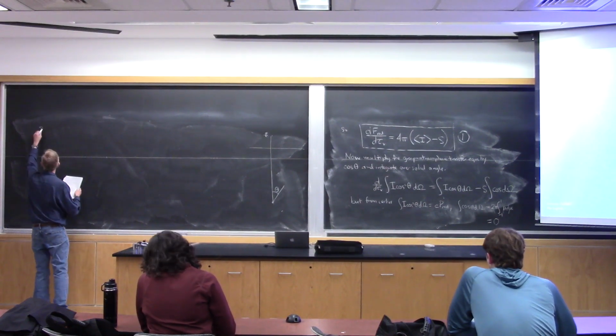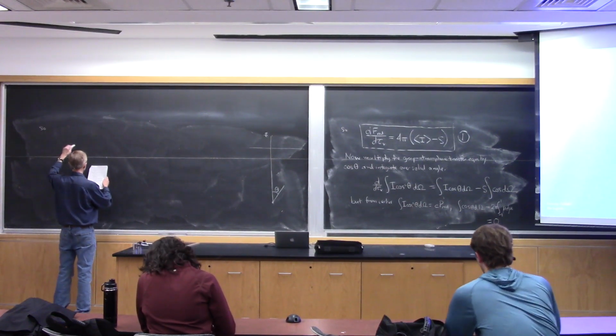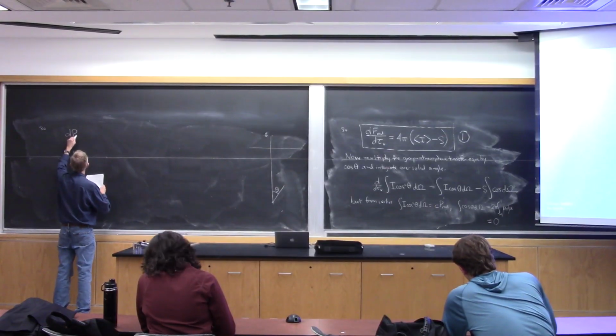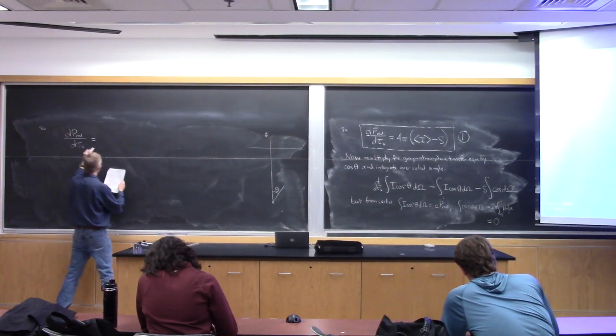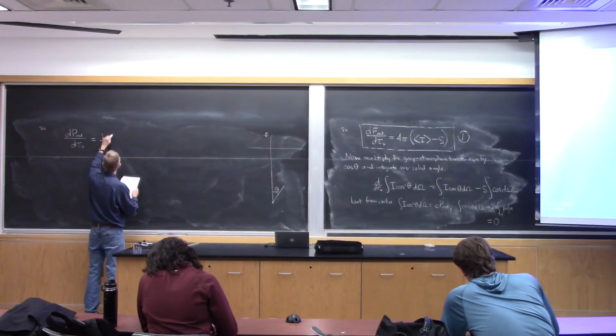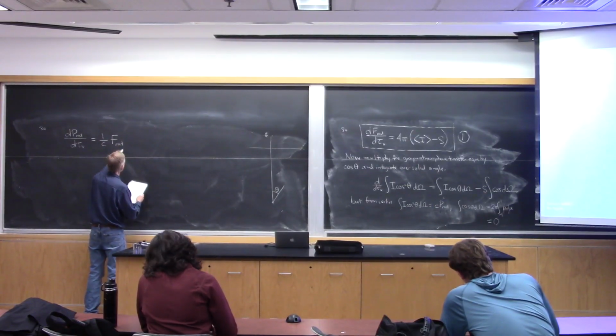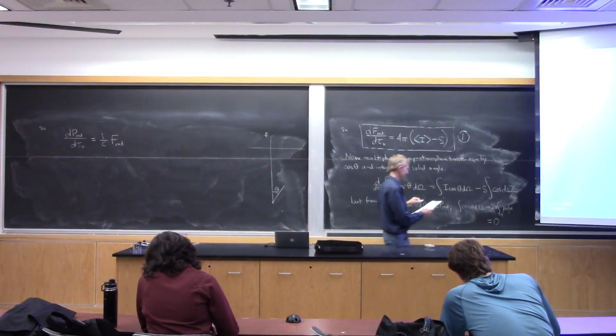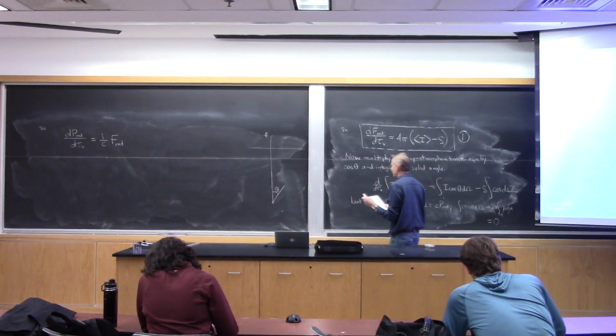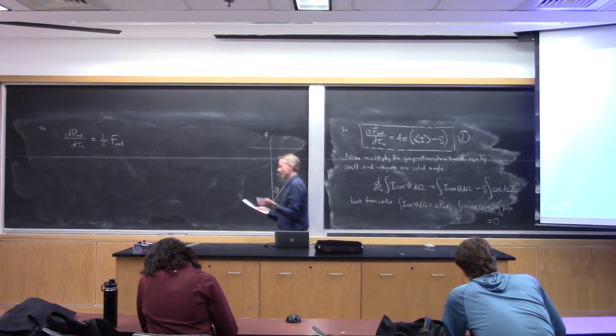So we get that dP_rad/dτ_v is 1 over c times F_rad, because I didn't put that there, but the ∫I cos θ dω we did before, and that was F_rad.